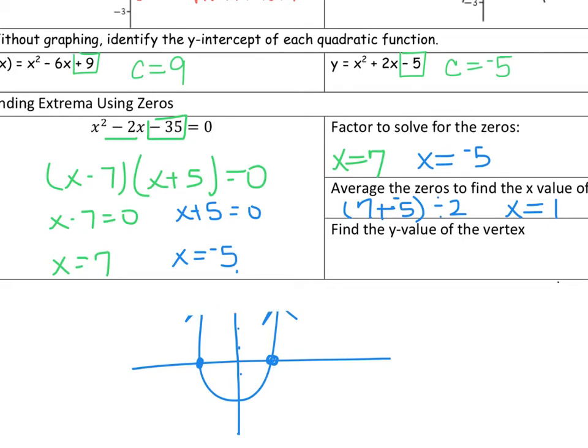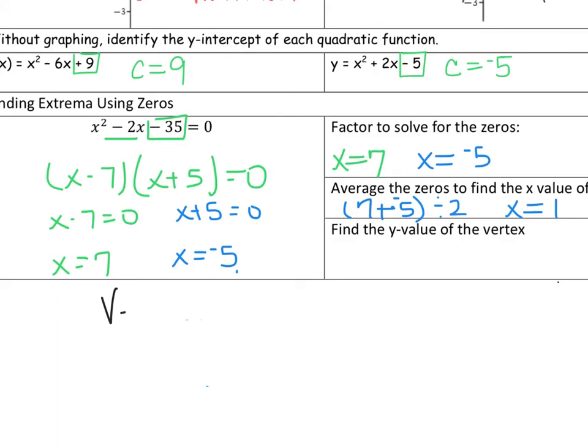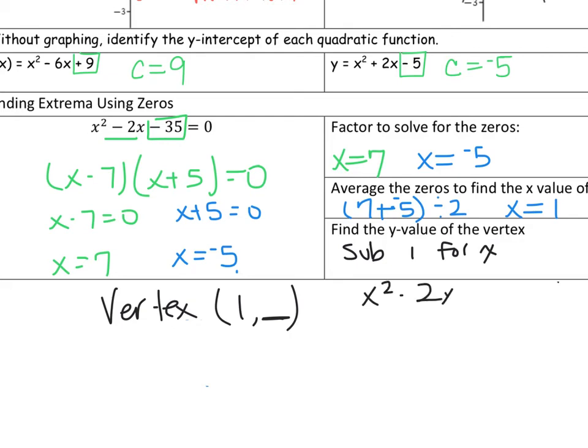And once we have the x value of the vertex, we can find the y value. We know that the x value of our vertex is 1, and now we're trying to figure out what y is. To find the y value of the vertex, we use the equation and we sub in 1 for x. So we have x squared minus 2x minus 35 equals y.